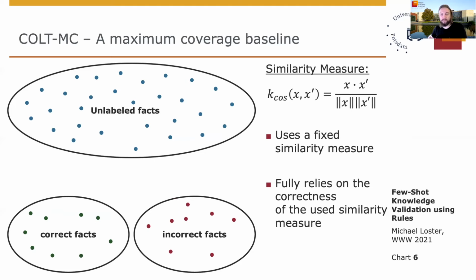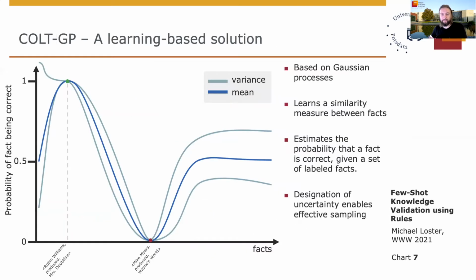COLT-MC determines the similarity of two facts based on their cosine similarity. Thus, it uses a fixed similarity measure and relies completely on the correctness of the determined similarity.